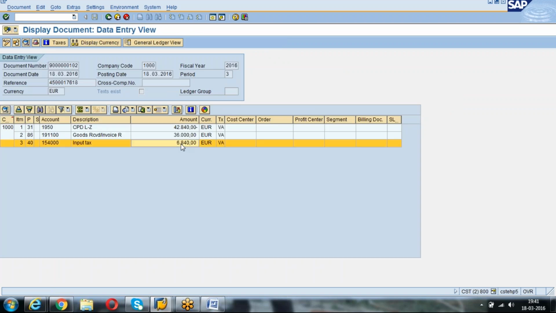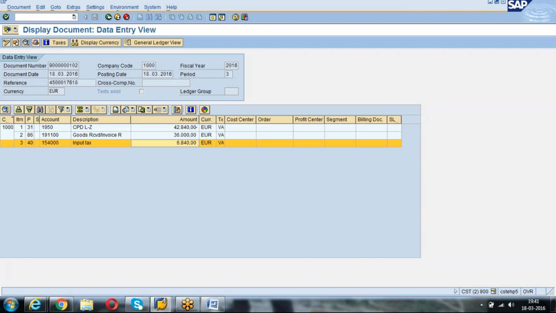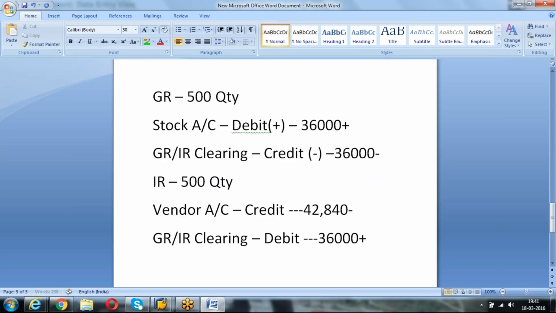See that input tax 6,840. The total amount the vendor is going to pay, 42,840. 42,840 credit and 36,000, which is opposite to our GRIR clearing account, debit, and input tax.